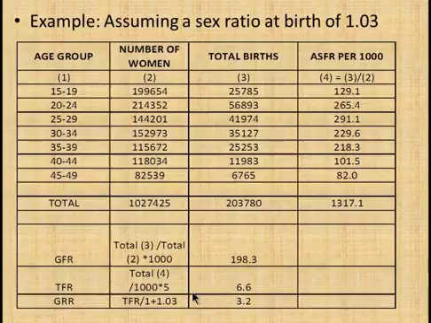So our gross reproductive rate is the total fertility rate divided by 1 plus 1.03, and we are having 3.2 as our gross reproduction rate.